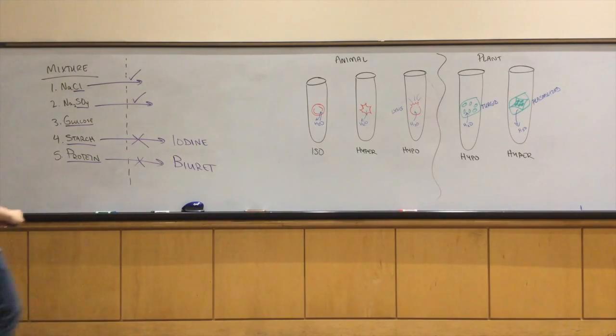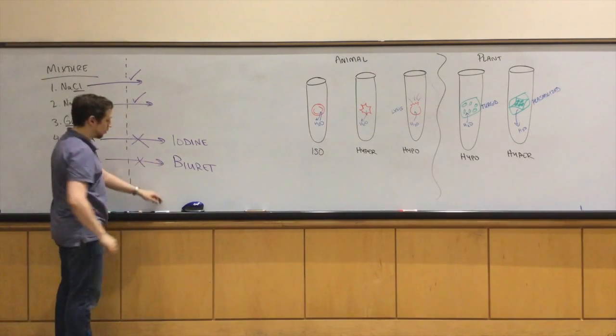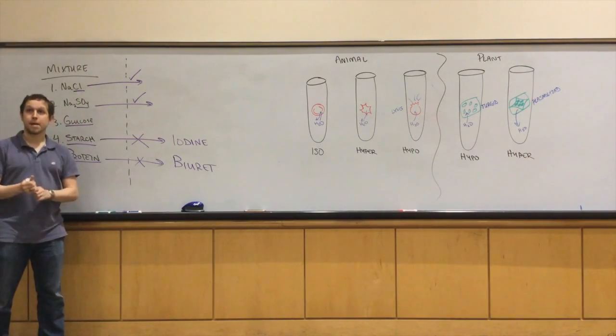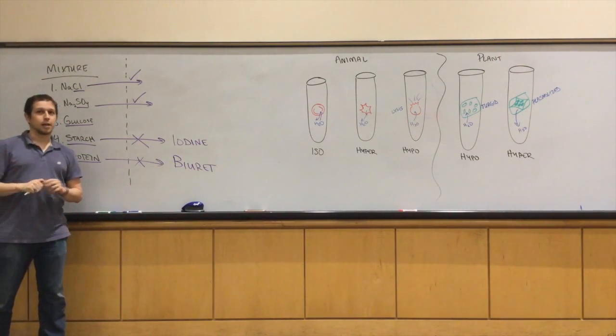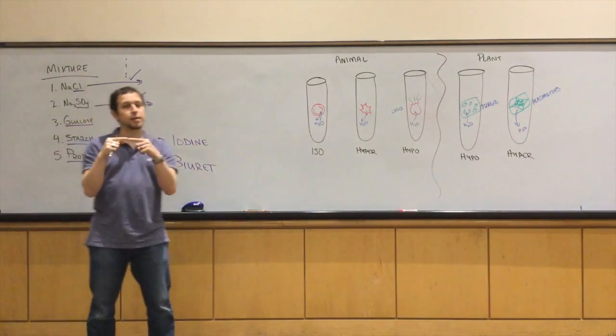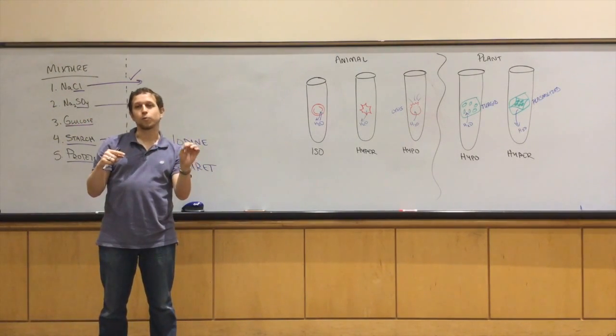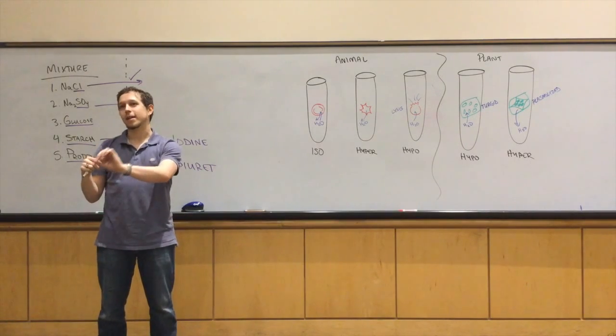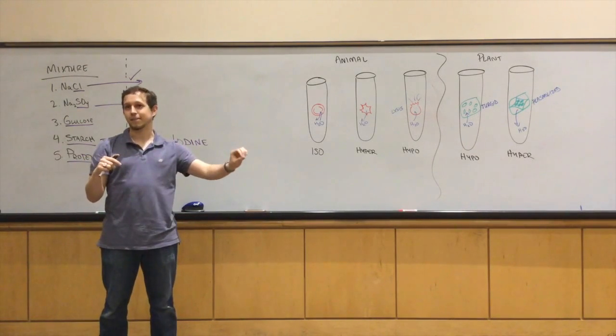So does anybody remember what the detection agent was that we used to test for chloride ions? Silver nitrate. If you get confused and you say barium chloride, think about it. Would it make sense to test for chloride ions with something that has chloride already in it?